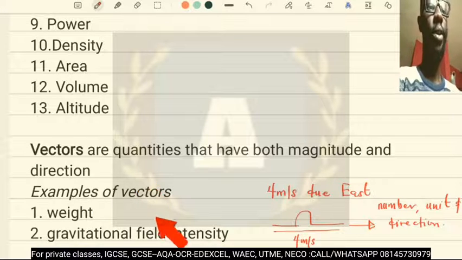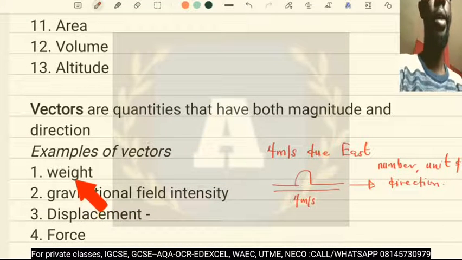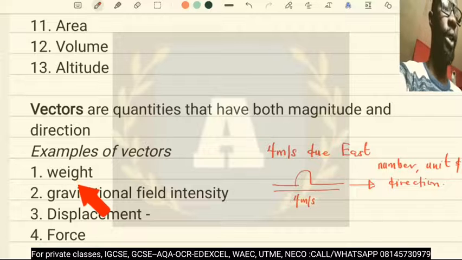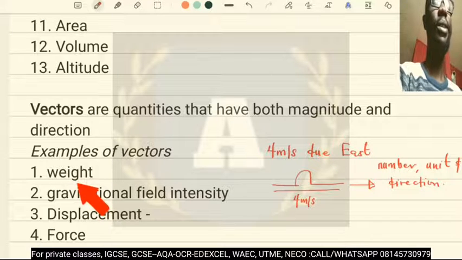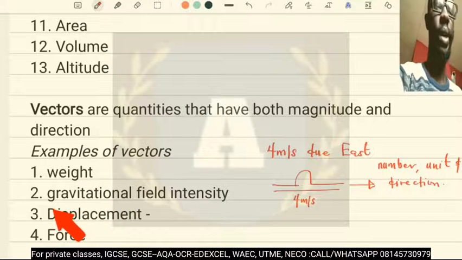Now we have various examples of such quantities. We have weight as an example of vector quantity. We've actually distinguished between weight and mass in our previous videos, precisely in one of them.